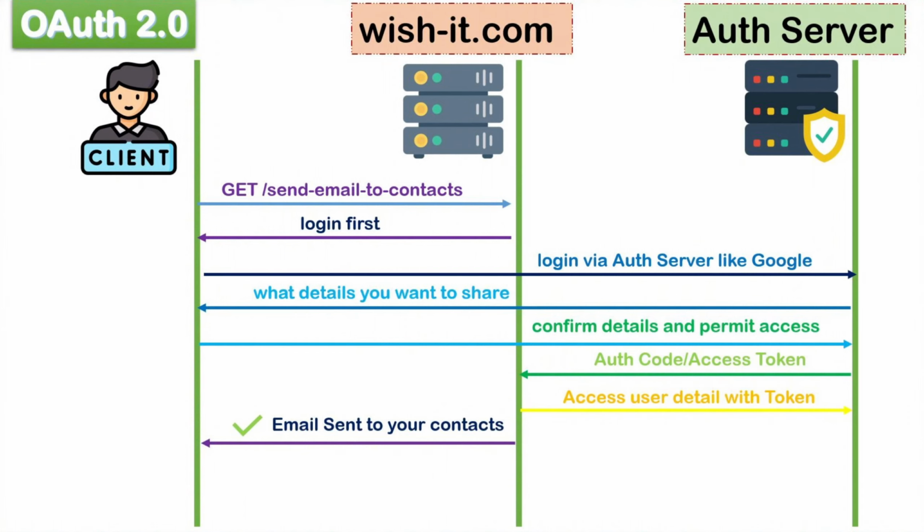Like in our example, the third-party application wishit.com accessed the Gmail contact list of the user without handling any authentication or sharing the user credentials. This way, you don't need to create and remember a username and password for every website. Plus, your credentials stay secure since they are not directly shared with the third-party website. In our example, we have already discussed the different roles, but let us just reiterate it in a formal way.